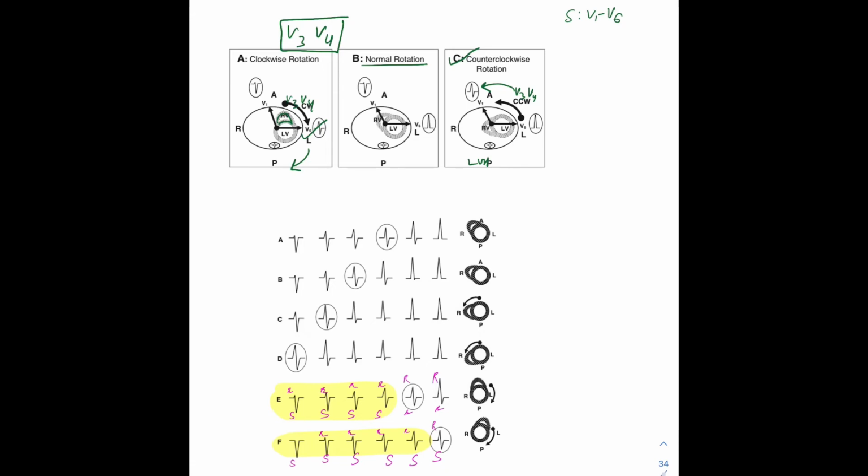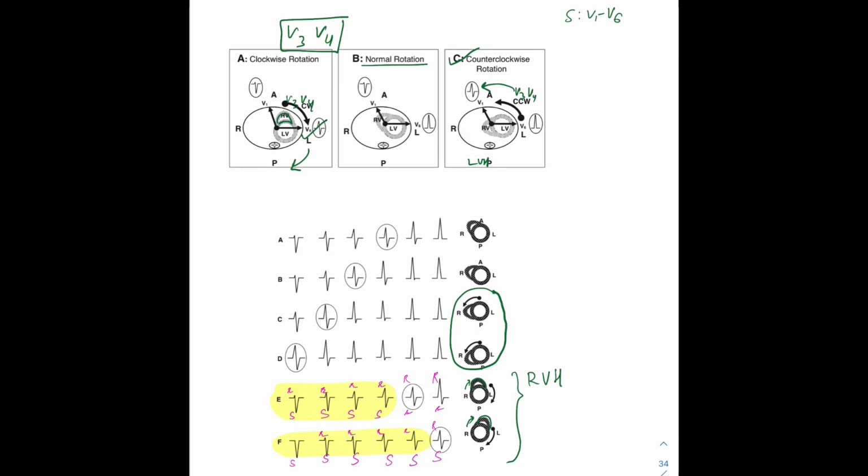Okay. Now, if you look at these two types of rotations, you will see that it's representing a right ventricular hypertrophy, since the right ventricle is now occupying the anterior portion of the heart. This one is the normal position of the heart. Now the right side of the heart has become more anterior. Okay.